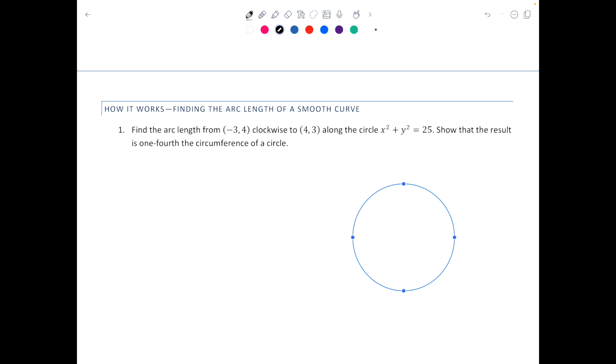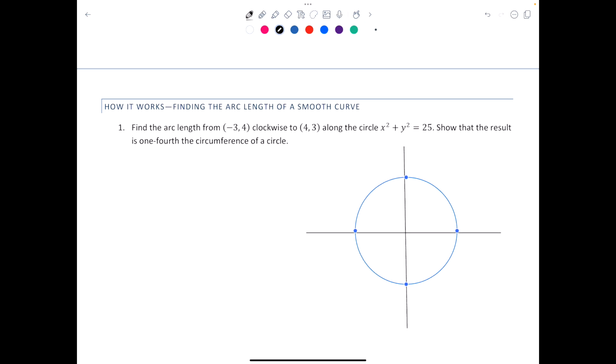The circle is centered at the origin. For some reason, it's easier to move the circle than the line. This would be our x-axis and y-axis, and do you see we have a circle with radius 5, because 5 squared is 25.